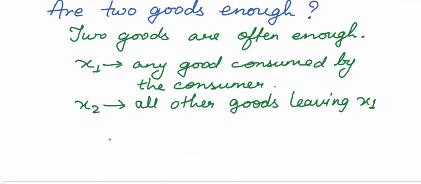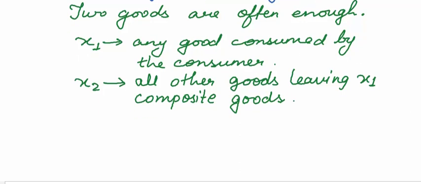This good X2, which is all other goods except X1, will be called a composite good. So we can write X2 as composite goods, everything else than good X1.